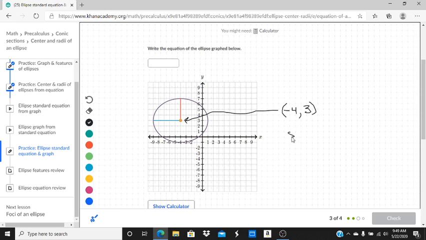The semi-major axis, we have 4 units here and 5 units here, so it's going to be 5 units. That's on the x. The semi-minor axis is 4 units, and that's on the y.